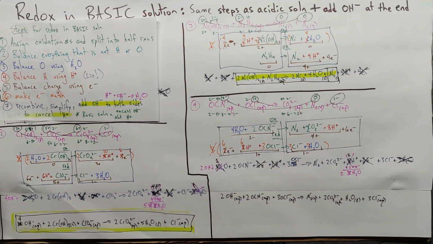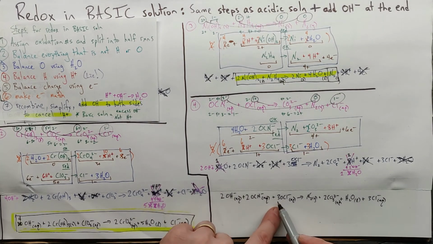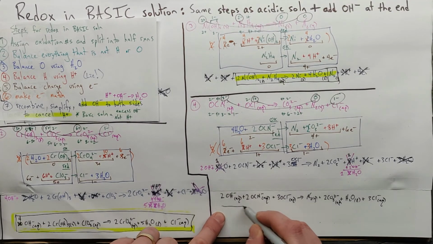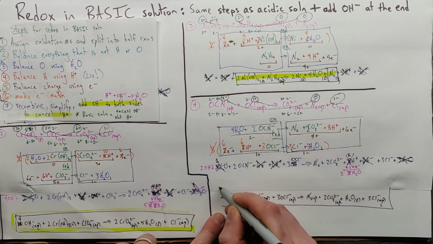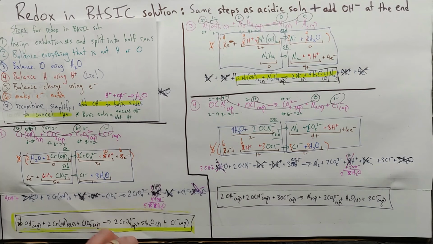I'm just going to do a quick charge check. 2 minus, 3, 4 minus, 5, 6, 7 minus. 2 times 2 is 4 minuses, 5, 6, 7 minuses. So it looks like we have probably done that one correctly. You can do your mass balance as well, which would be wise.